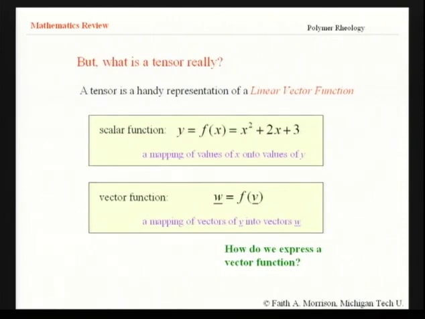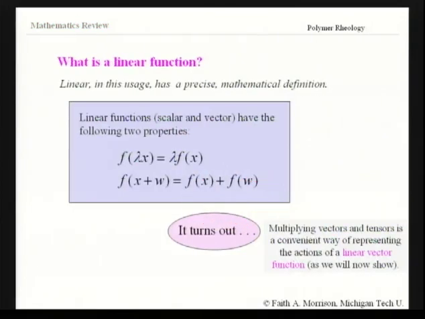I showed this derivation of a linear vector product, saying that a tensor was a way of expressing a linear vector function. So here's a vector function. If we add to that function the properties of linearity listed here, which are that if I take f of lambda x, I can pull the lambda out and take lambda of f of x.